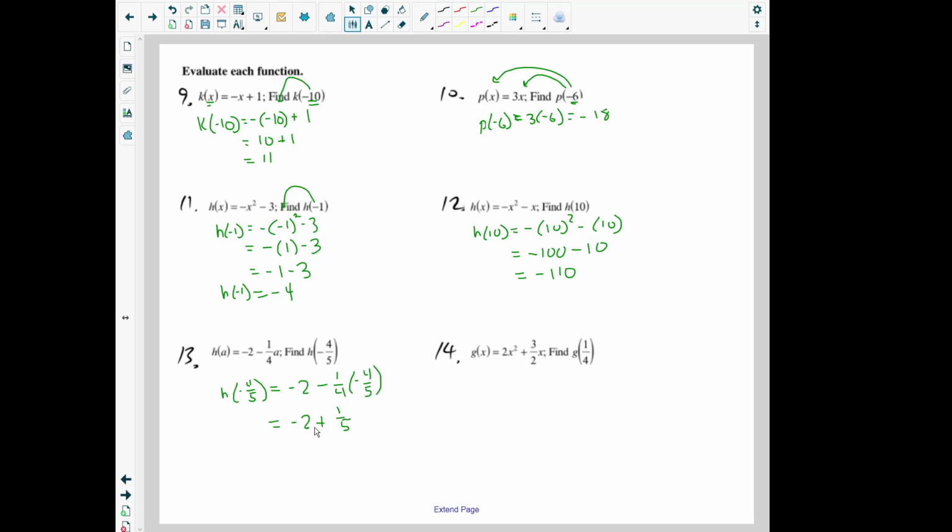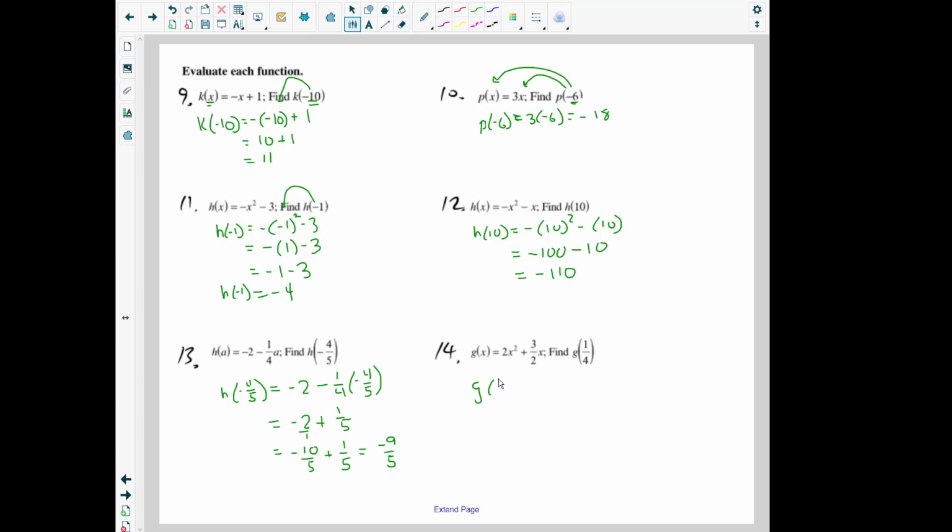We need like terms, we need a common denominator here. So I'm going to turn negative 2 into fifths. I'm going to put this over 1, multiply top and bottom by 5. So I'm going to get negative 10 over 5, because that's equal to negative 2, plus 1/5. And that's equal to negative 9 over 5. And that's the answer.